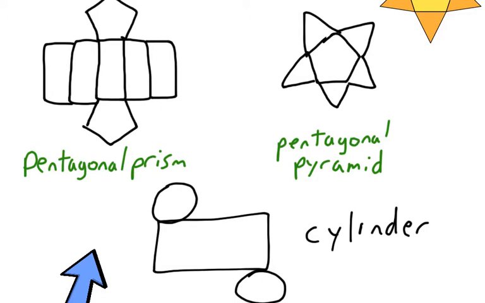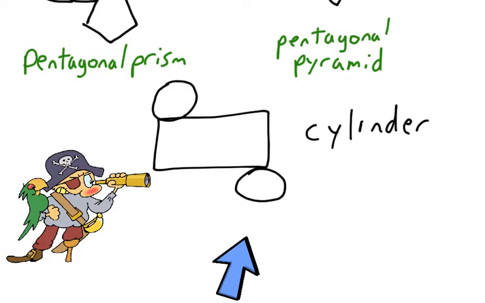The cool thing about a cylinder is you have that curved surface, but like I said, it's just a rectangle. So just take a piece of paper and roll it up. Go ahead, act like a pirate and roll up a sheet of paper like you're looking far away, and you're just creating a cylinder when you do that.